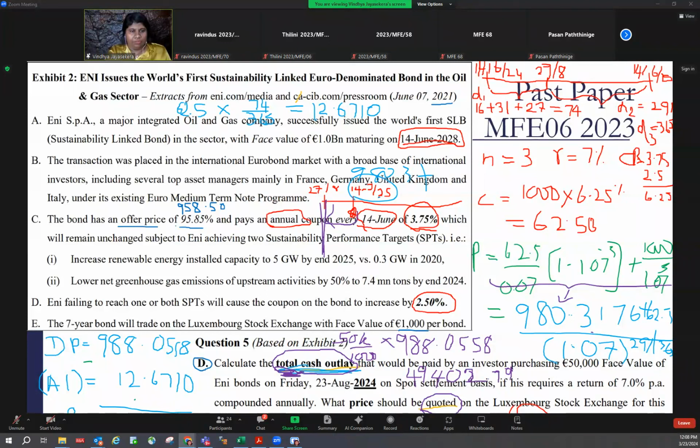Is that right? If it's wrong, tell me, please. $965.3848. That's the quoted price on the Luxembourg Stock Exchange. The quoted price would be 965.3848.